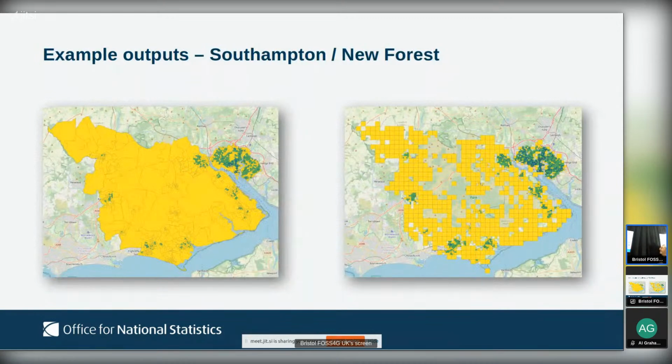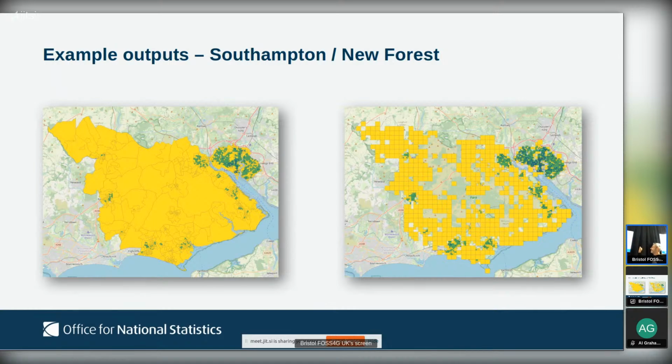So we have an example here of some outputs we've done. On the left, this is just the census output areas with the dummy census data aggregated up to the census output areas. And then this is the gridded method that we've developed on the right-hand side. On the east side is the urban area of Southampton, and on the west is the New Forest. Most clearly, you can see a bit more detail in the urban areas, and you can see more defined densities in the urban areas in the gridded version.